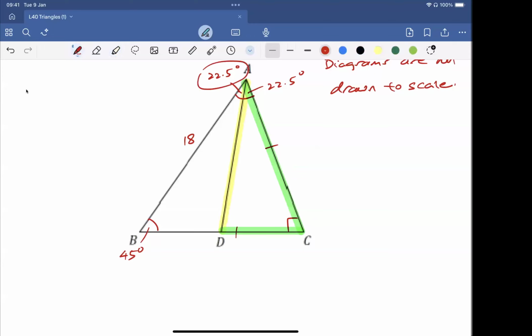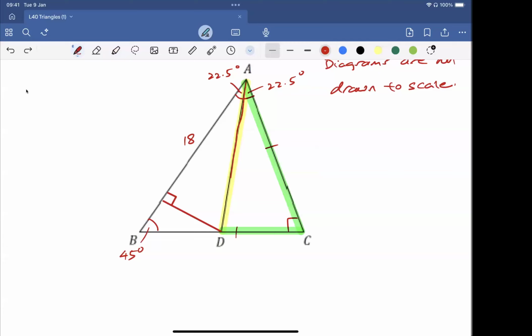The angle here is the same. The angle here is the same. What I'm going to do is draw a line like that. So I'm going to get a 90-degree line here. Once I have 90 degrees here, this angle is the same as this angle as well. This line is shared between the two triangles.